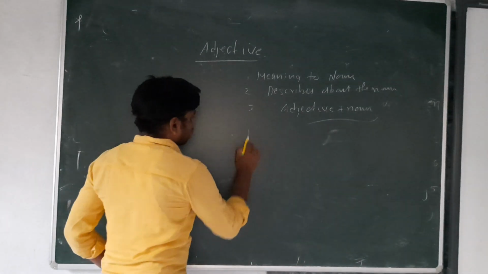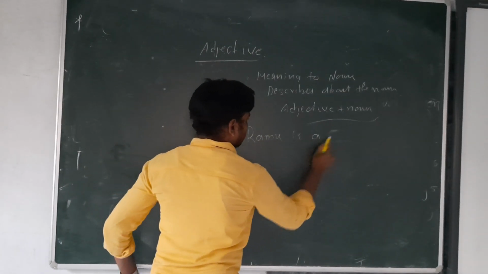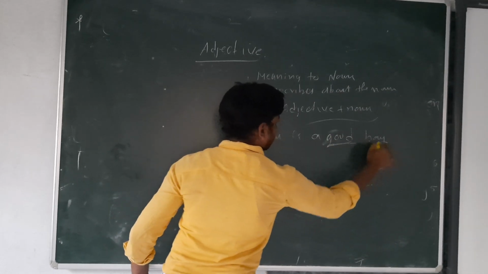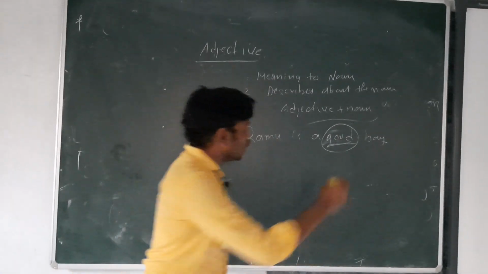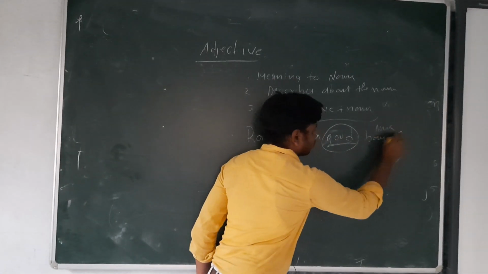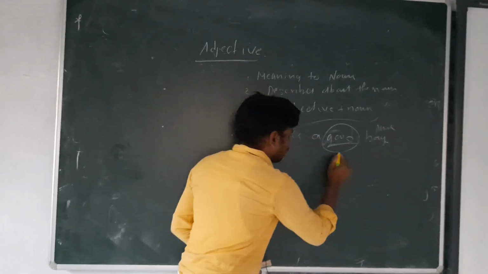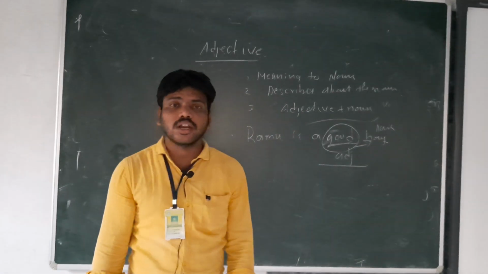For example, Ramu is a good boy. What kind of a boy? Good boy. So good is called adjective, and boy is called noun, because good tells about the boy.